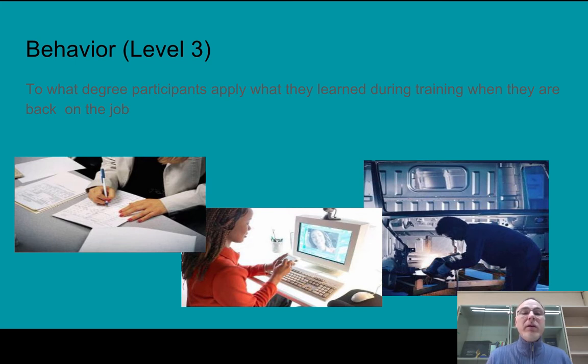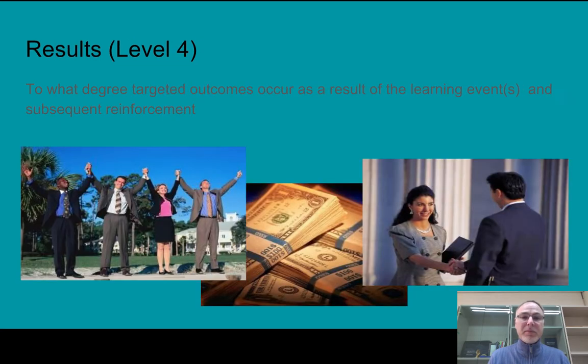To what degree do participants apply what they've learned during the training when they're back on the job? So this is actually using or attempting to use what they have learned. So there has been some actual behavioral change.